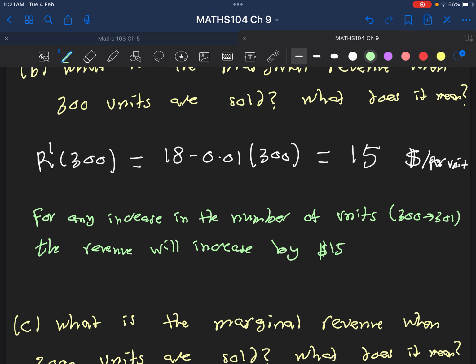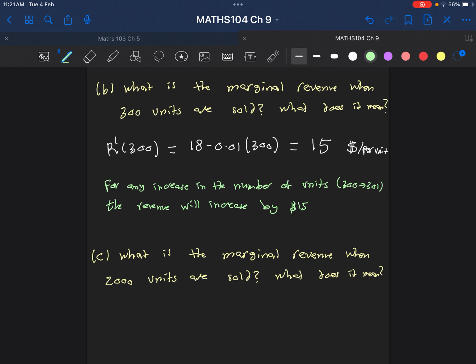So if you just add one more unit, your revenue will have an extra 15. So it gives you an indicator. Is it worth it to produce more units than 300? Remember, if I just add one unit extra, the only revenue I will get is an extra $15.